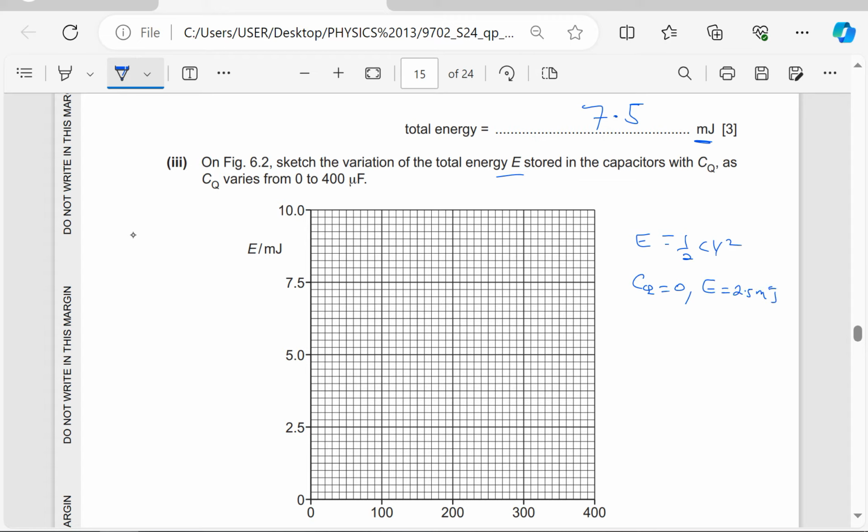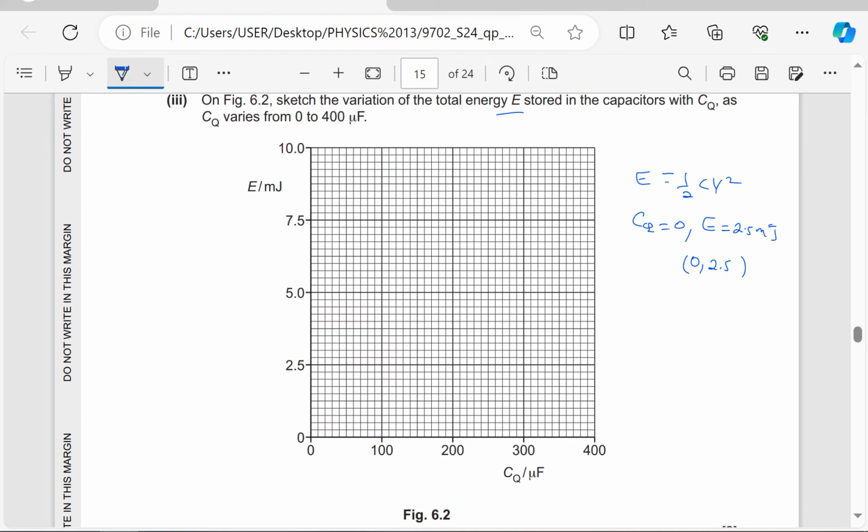So we shall plot a point which is 0 and 2.5. That's 1. Then when CQ equals 400 microfarads, the energy stored we have already seen to be 7.5 millijoules. So the second point I'll plot will be 400 and 7.5.